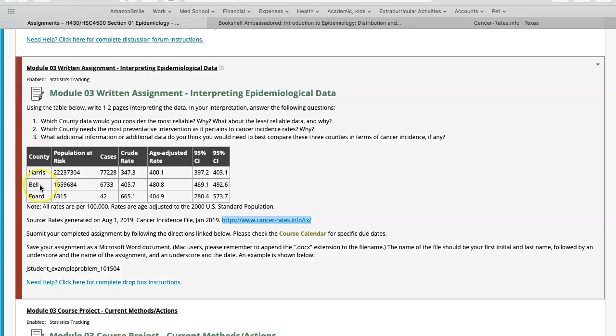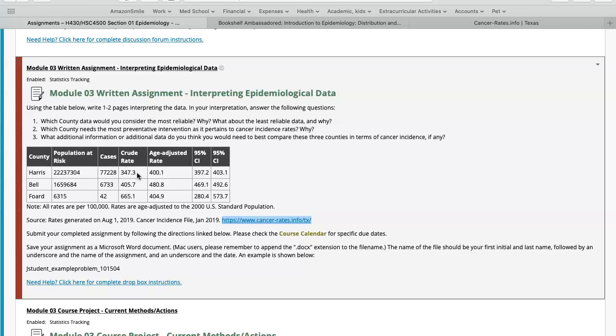So, again, this is our county, this is the population of each county. These are the counts of cancer in each county. So, our crude rate means there are 347.3 incidences or new cases of cancer per 100,000 people in their population.